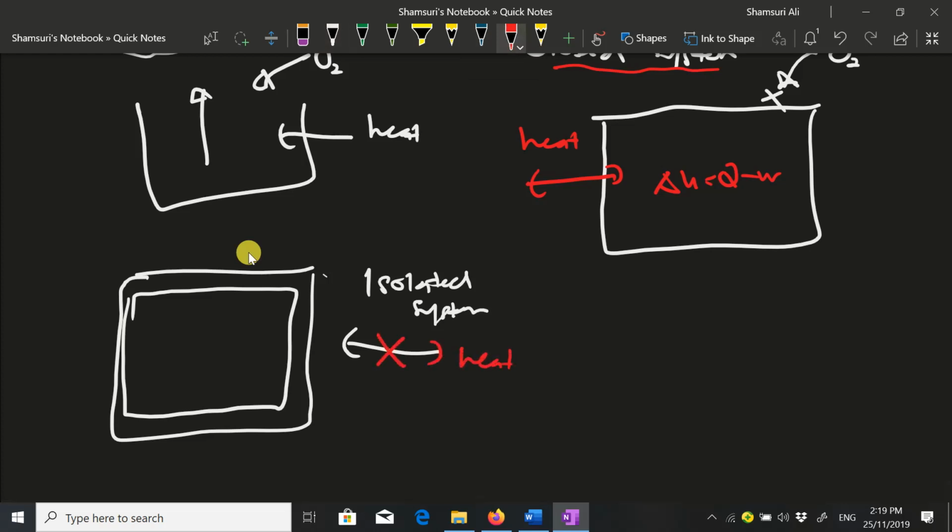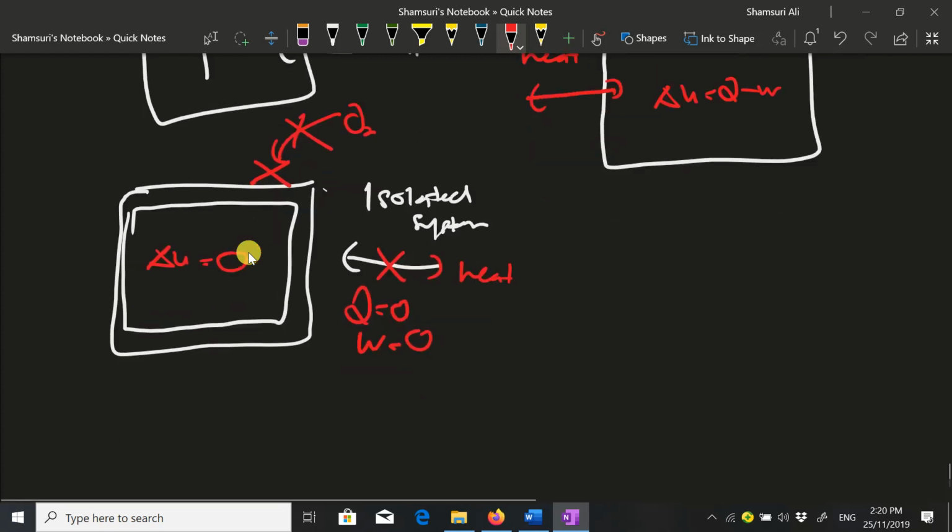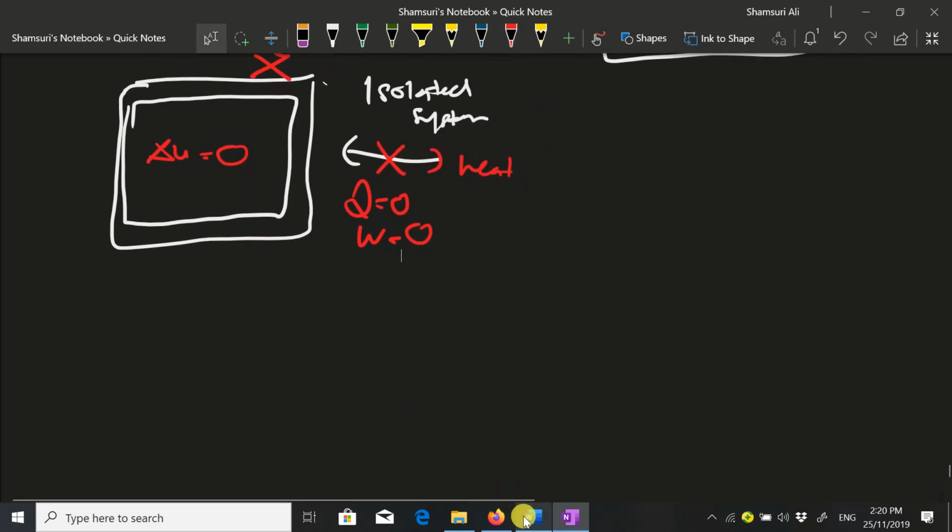The gas also cannot go in or out. The change of internal energy is zero. Q is zero. Work is also zero. This is an isolated system. So they have no heat flow in or out, and they have no change of internal energy. It's called isolated.